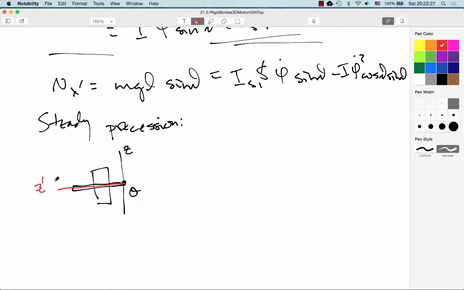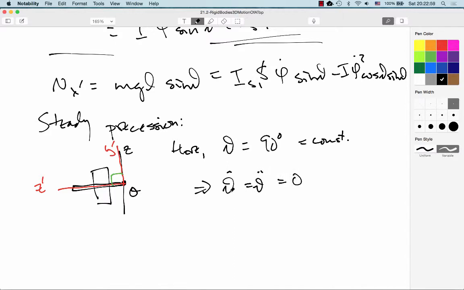So there's my z prime, then the old z-axis, the lab frame z-axis, is the y prime axis, and obviously that's a right angle. Okay, so here theta equals 90 degrees, but more importantly it's equal to a constant. So since it's a constant, that means that theta dot and theta double dot are both equal to 0, and that is what we call the steady precession condition.